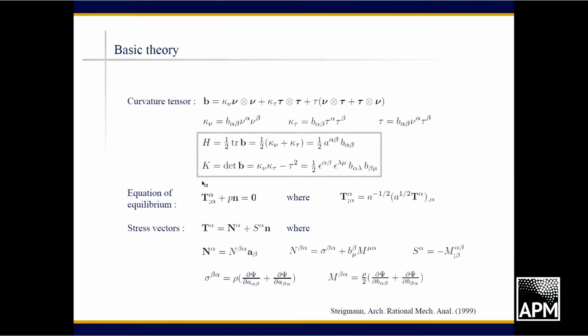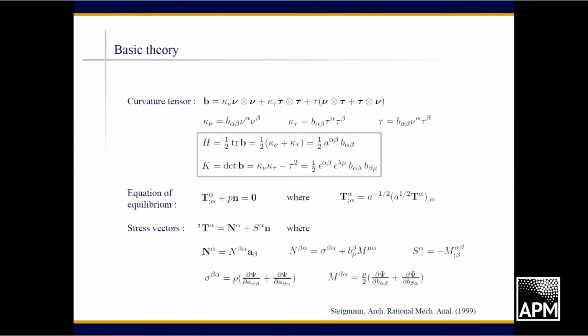As I mentioned, the bilayer behaves mechanically just as a classical Kirchhoff-Love shell, essentially. And so if one is interested in equilibrium, one has an equilibrium condition of this form. For example, suppose there is an osmotic pressure acting laterally on the surface, which is typical in the biophysical context. Then this is balanced by a divergence of a stress-like quantity, given explicitly here, where small a is the determinant of the metric in the surface, positive definite.